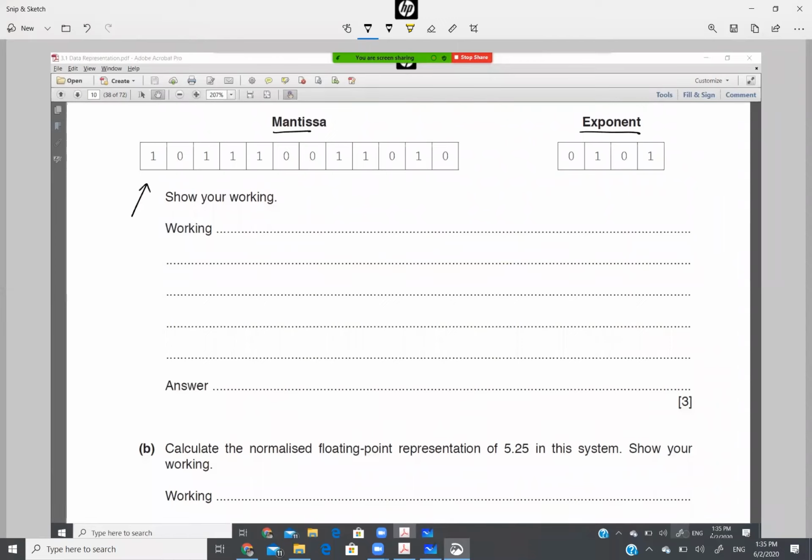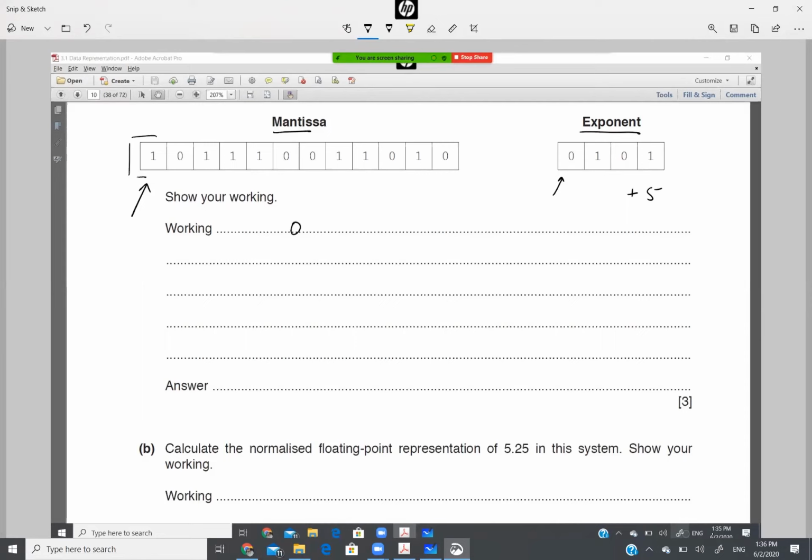By looking at the MSB, we know that it's a negative number. Exponent, it's all positive. It's a plus exponent, 1, 2, 4, 8. It's plus 5, okay? Because the mantissa is negative, you need to take the 1's and 2's complement. How do you take the 1's complement? You flip every bit.